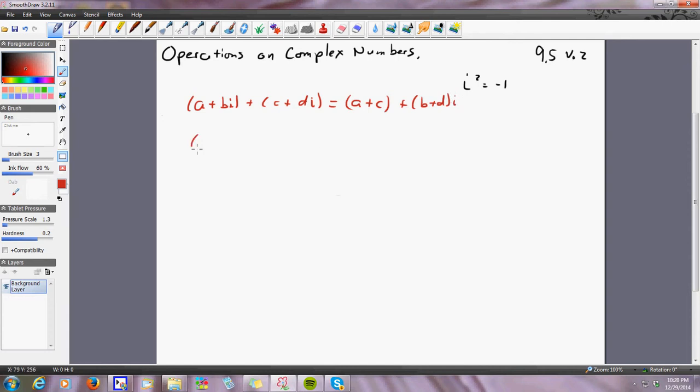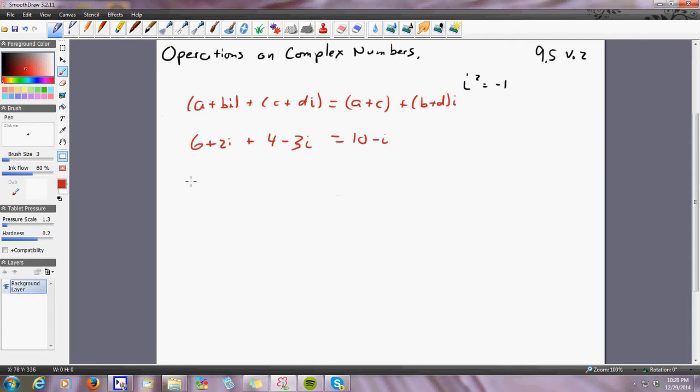That's it. So if I had 6 plus 2i plus 4 minus 3i, I would add the real parts and get 6 plus 4, which is 10. Combine the imaginary parts, 2i minus 3i is minus i.